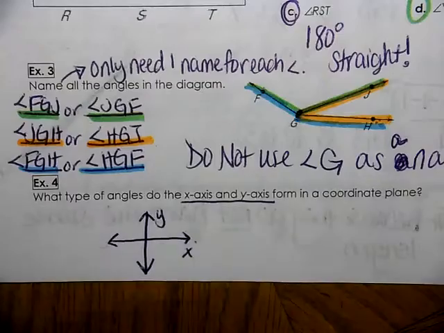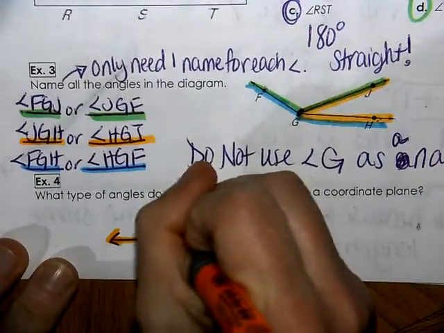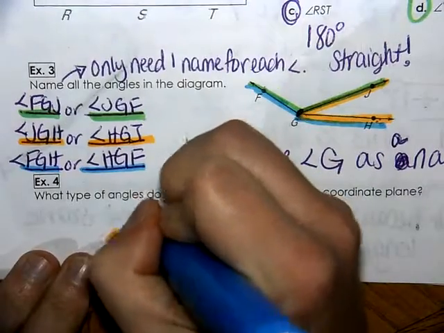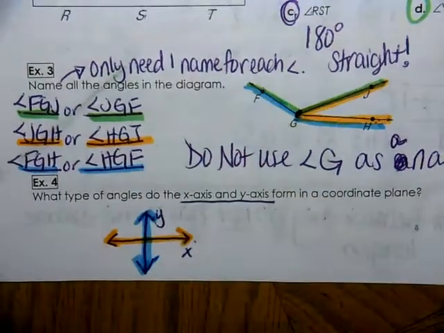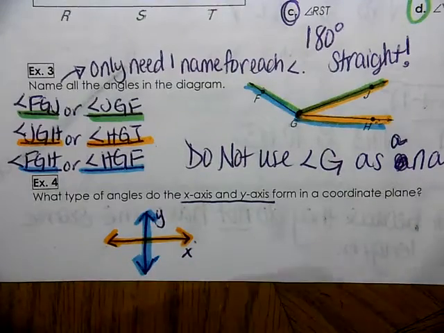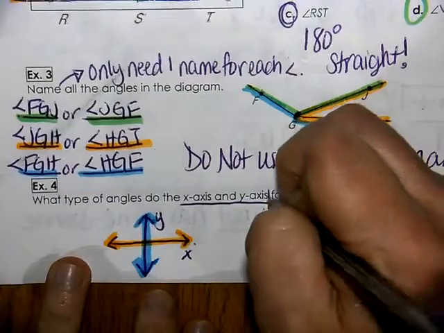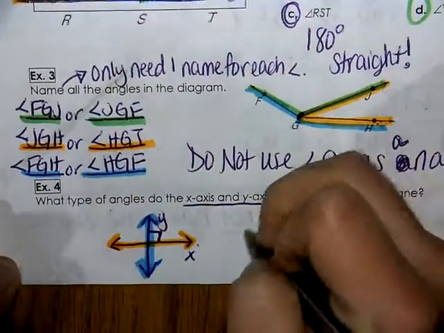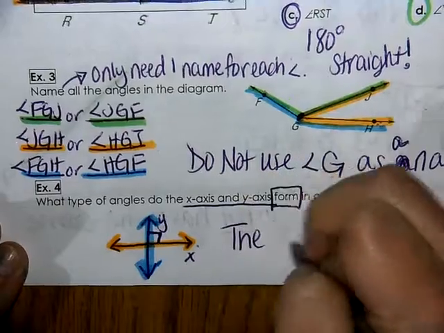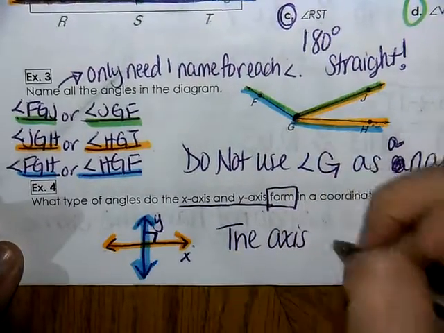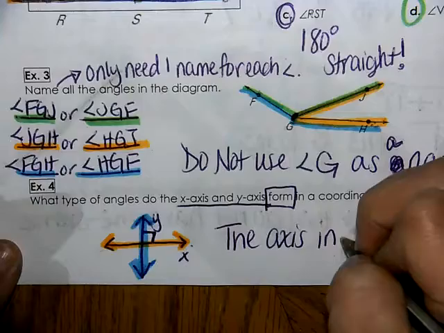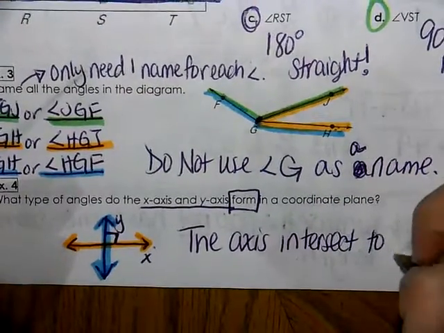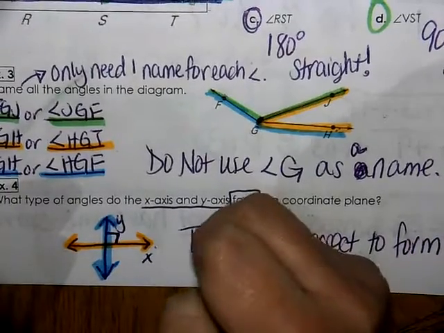So we could say that the x-axis is a straight angle, and the y-axis is also a straight angle because they are lines. But what do they form? Well, when they intersect with each other, they form right angles. So the axes intersect to form right angles.